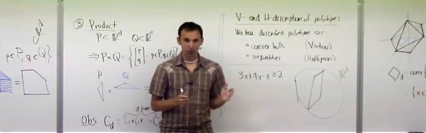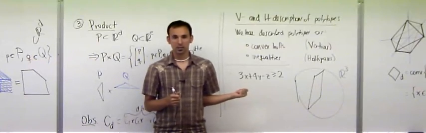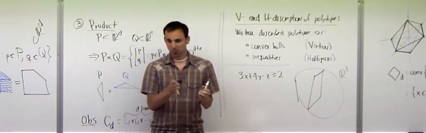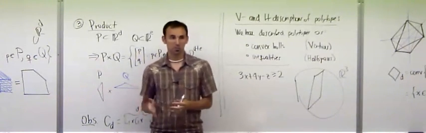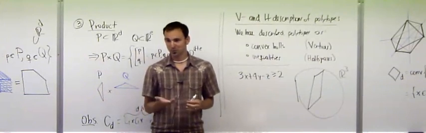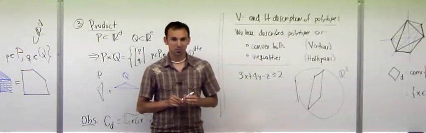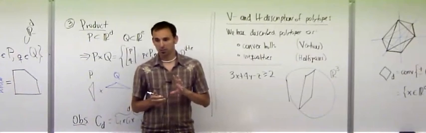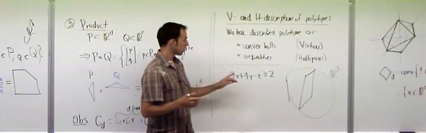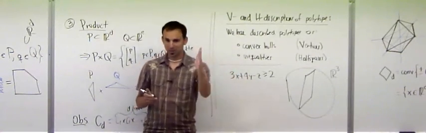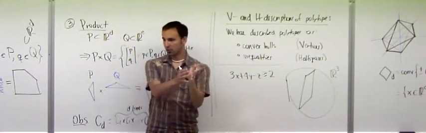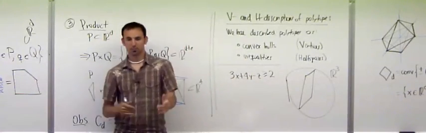If we start trying to do this in the complex numbers, then we're going to run into a lot of trouble because there's no less than or equal to in complex numbers. So the theory of polytopes for complex numbers is much harder. But we're in the reals, and so when I write something like this, I'm saying, here's that plane, and when I have a greater than or equal to, I'm describing a half space.